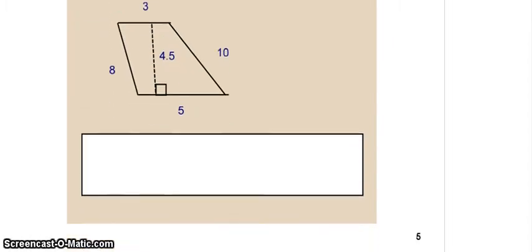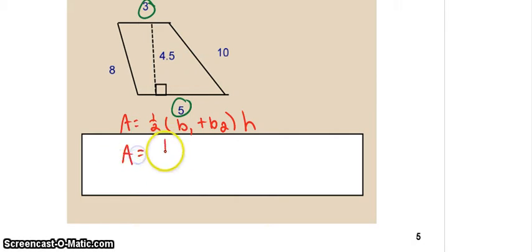Let's look at our next example. In this example, we use the same formula. Area equals 1/2 base 1 plus base 2 times the height. In this case, our bases are going to be 3 and 5 because those are the sides that are parallel. So area equals 1/2 the sum of the bases, 3 plus 5, and now we need to identify the height.